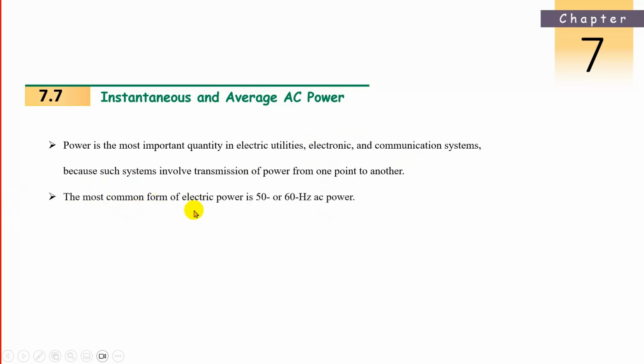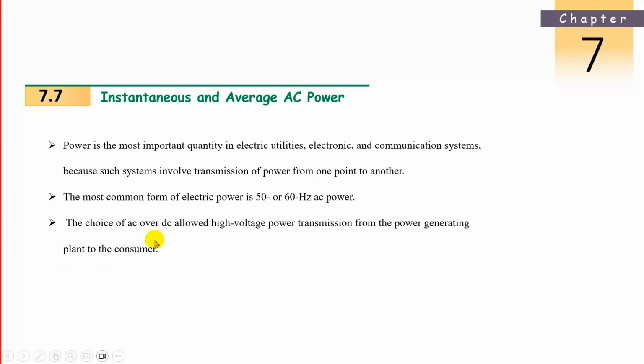The most common form of electric power is 50 or 60 hertz AC power. So in India and Britain, we have 50 hertz frequency power, and in the US and Saudi Arabia and the complete Middle East, we have 60 hertz power source. The choice of AC over DC allowed high voltage power transmission from the power generating plant to the consumer.